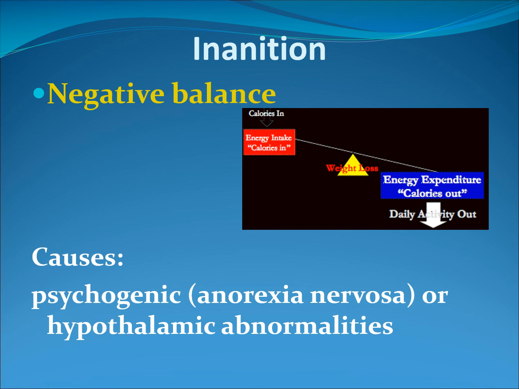Some of them are related to the activity of the hypothalamic centers, but we can also have psychogenic causes. Persons who are depressed, for example, are subject to develop what we call anorexia nervosa. They are eating less than what is necessary for their body energetics, and they become in a negative balance.